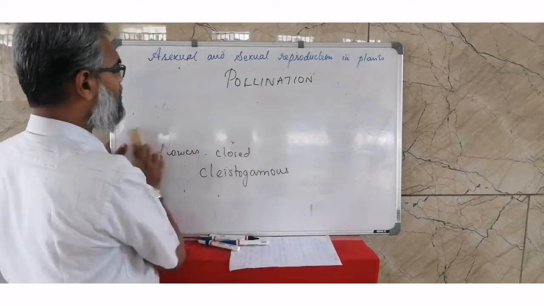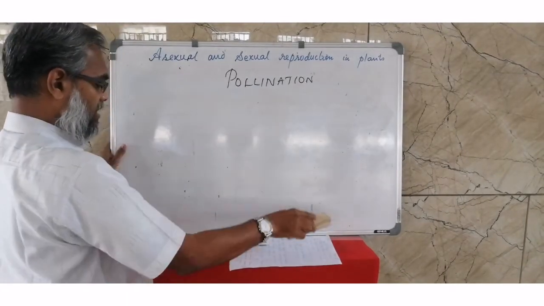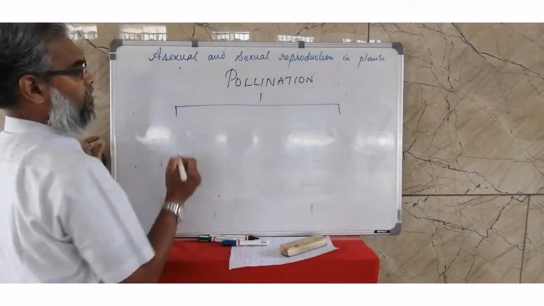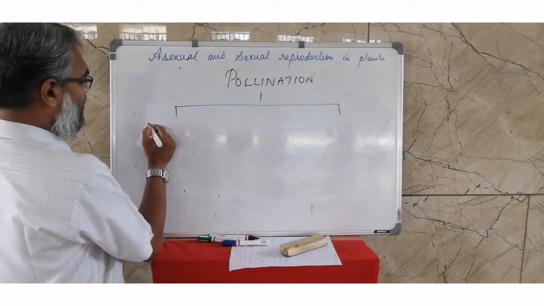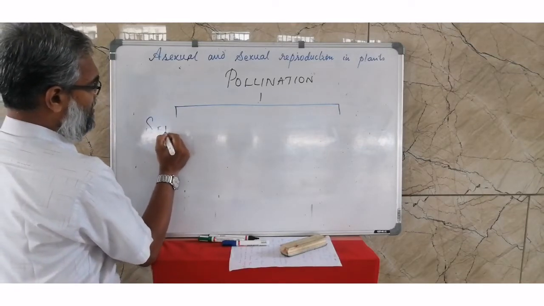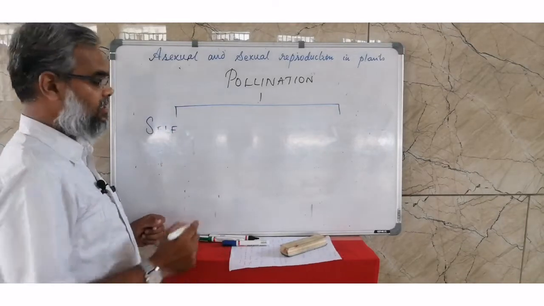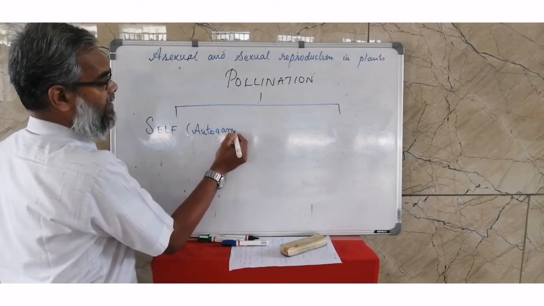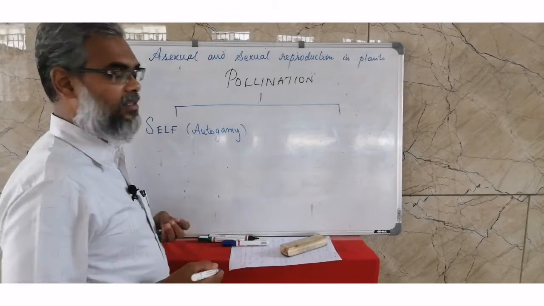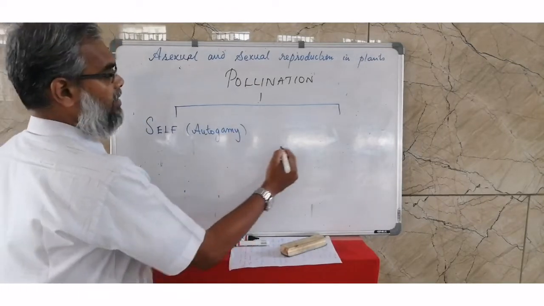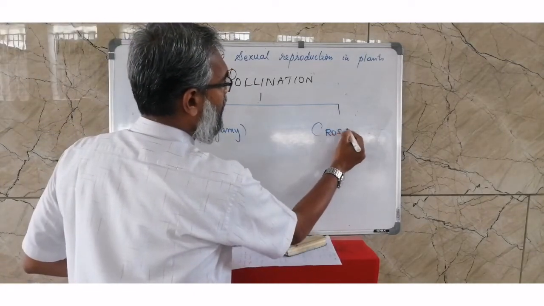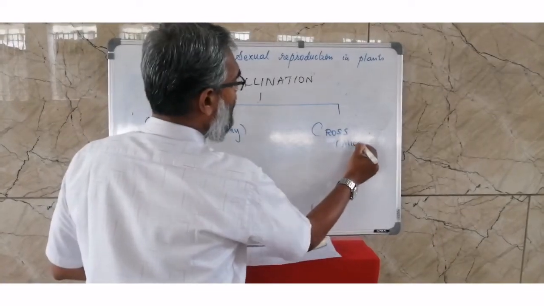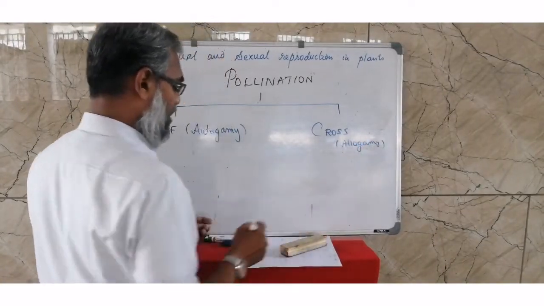Now, pollination is broadly classified into two. One is self-pollination, called autogamy. Gamy, we know marriage, isn't it? So gamy means fuse, autogamy. And the other one is cross-pollination, allogamy.